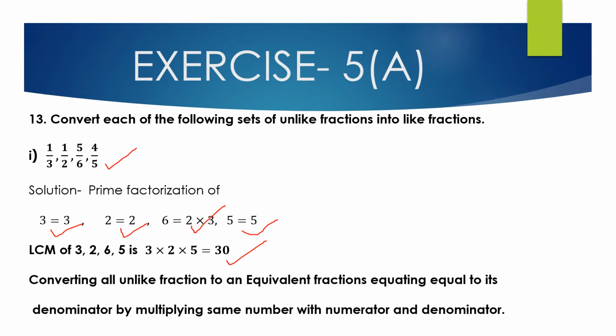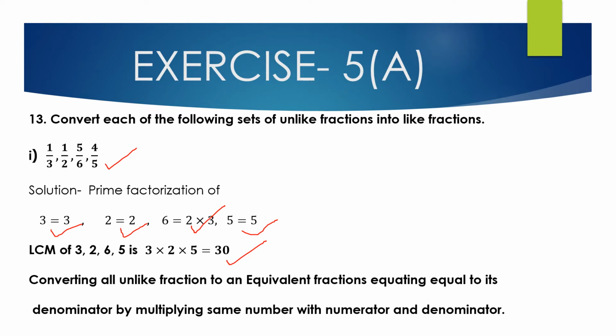Now convert the unlike fractions, that is, make the denominator equal to the LCM, that is 30, by multiplying the same number with numerator and denominator.